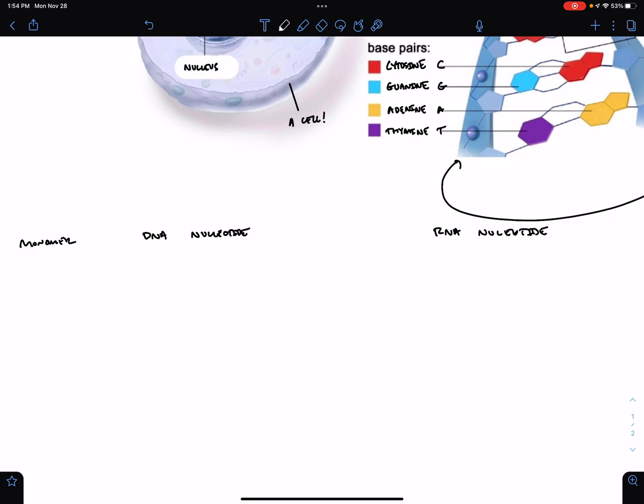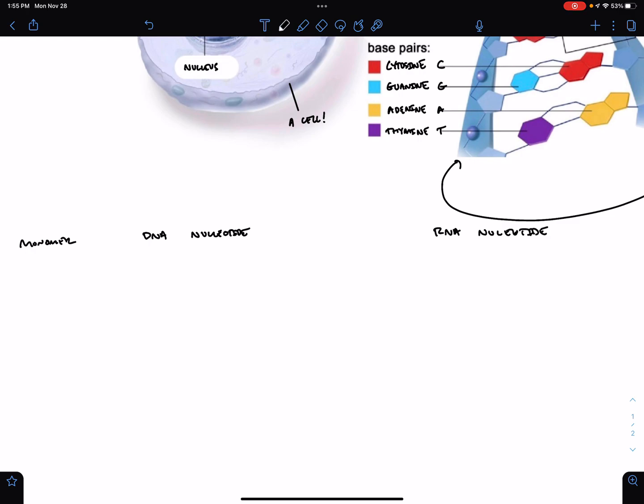DNA and RNA are very structurally similar to one another, except DNA stands for deoxyribonucleic acid, and RNA just stands for ribonucleic acid. There is one oxygen group, or it might be a hydroxyl actually. Let me look that up.